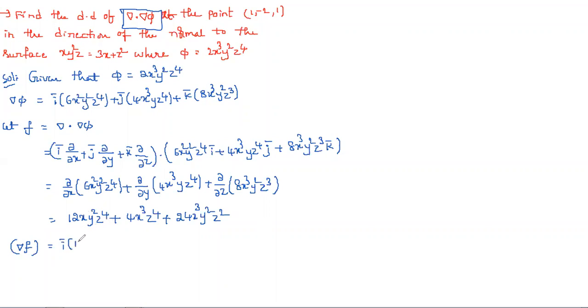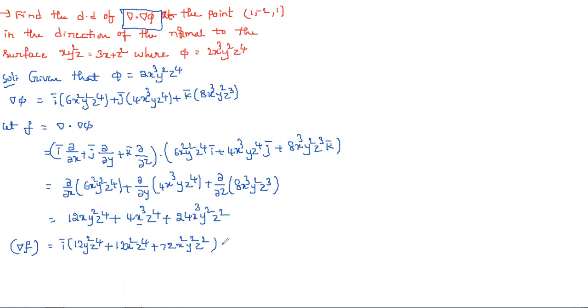So dou by dou x gives 12 y square z power 4, plus here also an x term, that is 12 x square z power 4, plus again, here it is having x cube, so 24 into 3, that is 72 x square y square z square. This is the i coefficient.